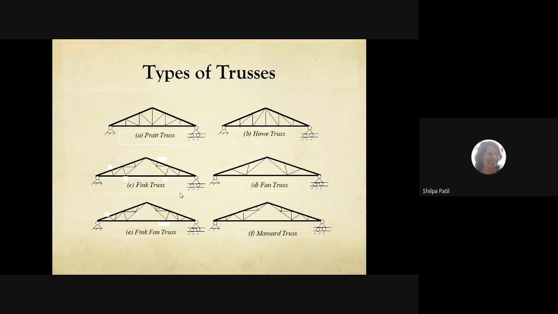I'm asking in general the definition of a determinate structure, whether it is a truss or a frame. If we can find the unknowns using the given equations, then it is determinate. If the number of unknowns is more than the equations available, then it is indeterminate. And if the number of unknowns is less than the equations available, then it is known as a determinate structure.